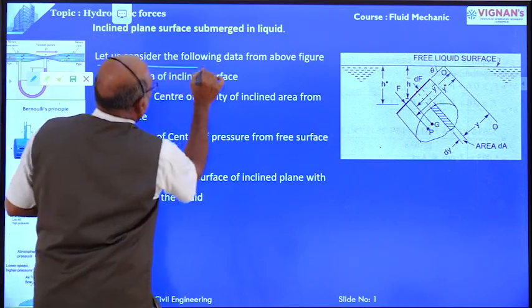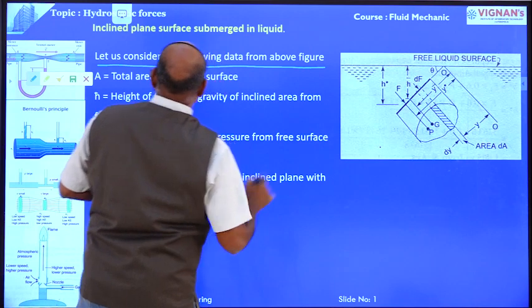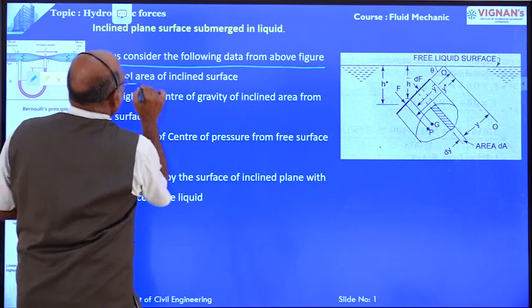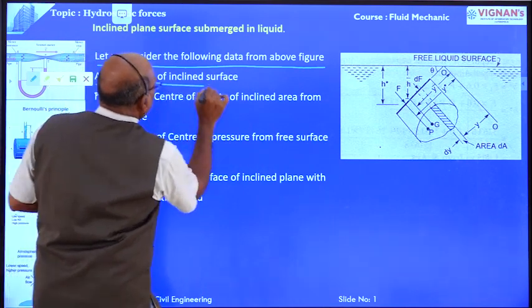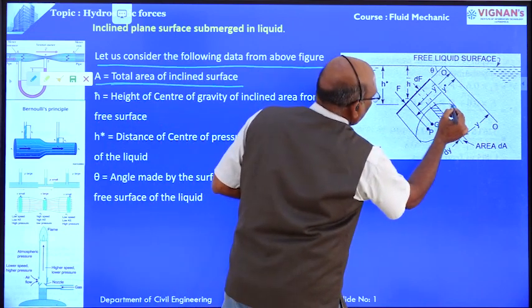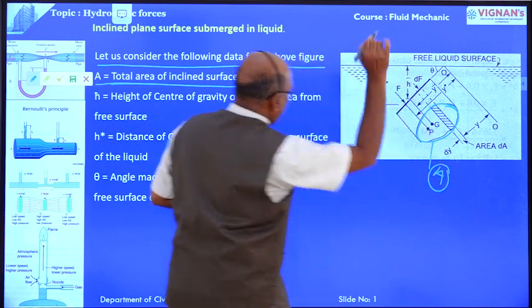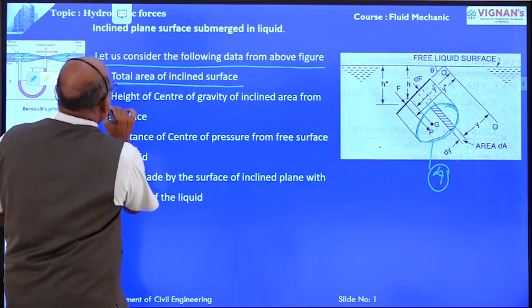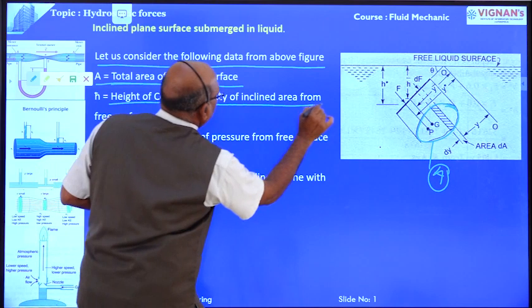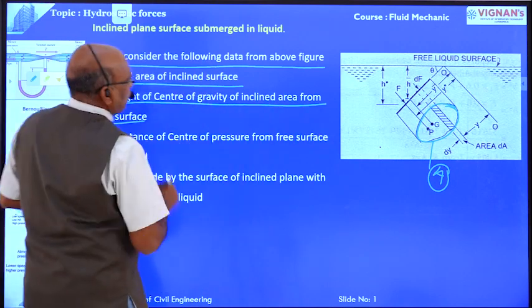Let us consider the following data from the above figure. A is the total area of the inclined surface. H bar is the height of the center of gravity of the inclined area from the free surface.